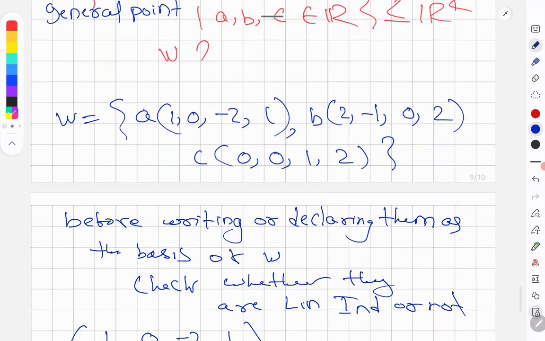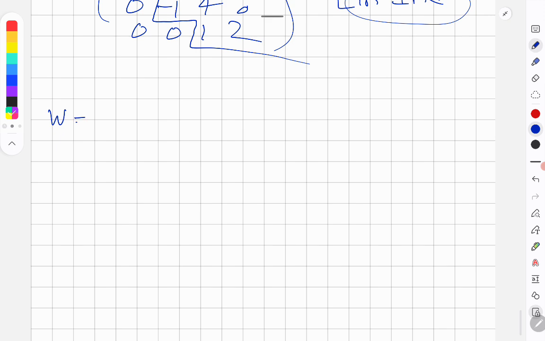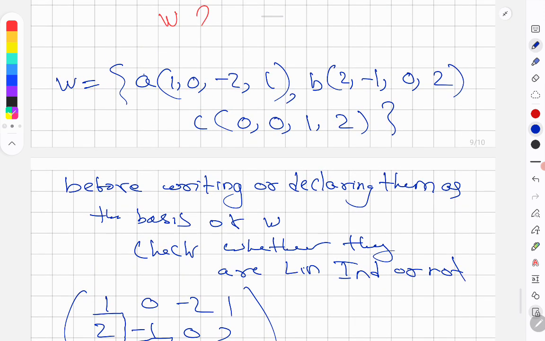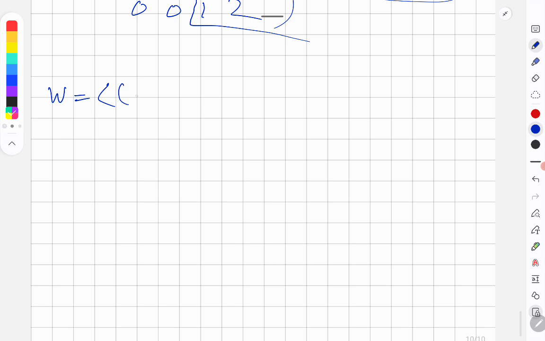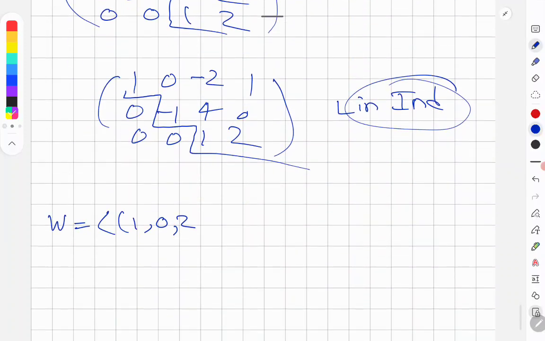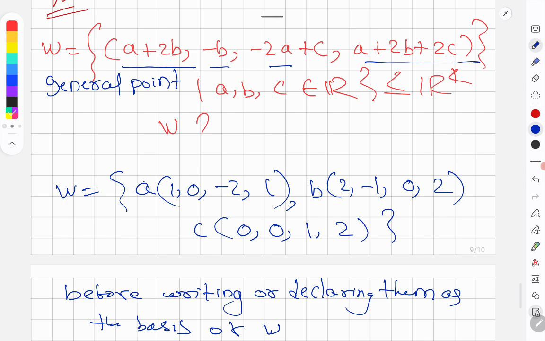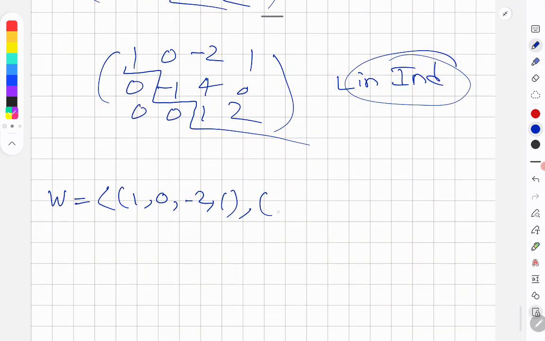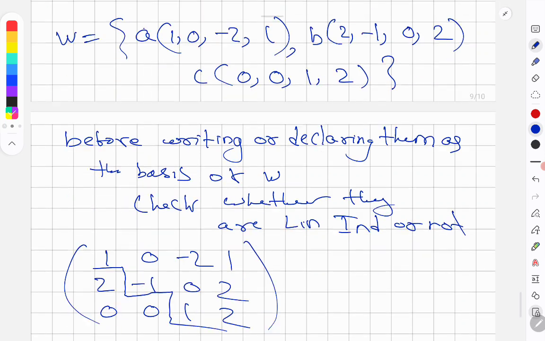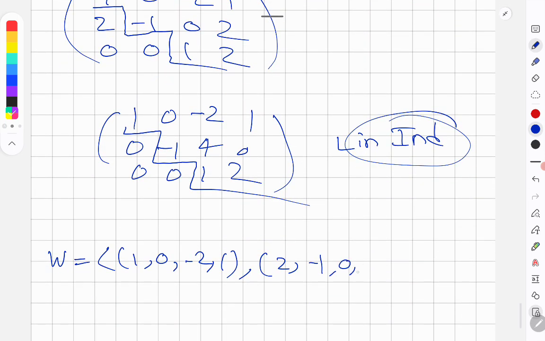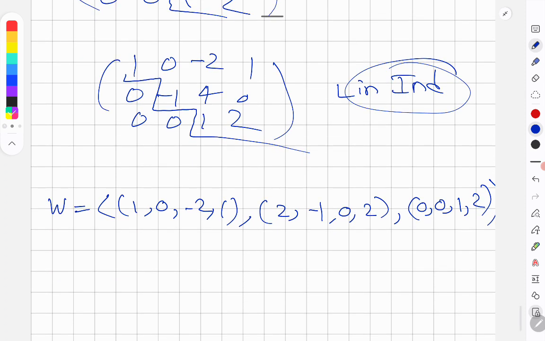Since they are linearly independent, I can write W equals the span of 1 0 -2 1, 2 -1 0 2, 0 0 1 2. So this is the basis of W.